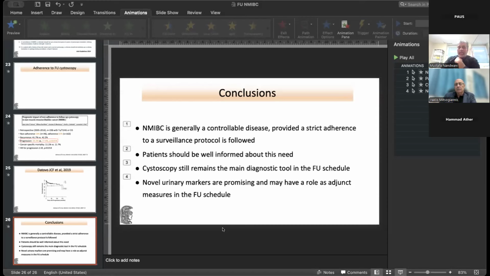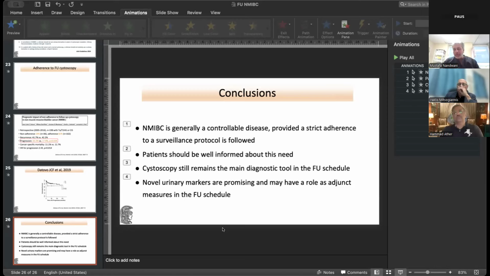So from my point, modality-wise, yes, I have used some of the PDD, the blue light cystoscopy. The challenge I was facing, particularly in the NHS system when you are running your list, is that it takes time to deliver some substance in the bladder and leave it for 1 or 2 hours and then do the flexible cystoscopy, and there is some cost.